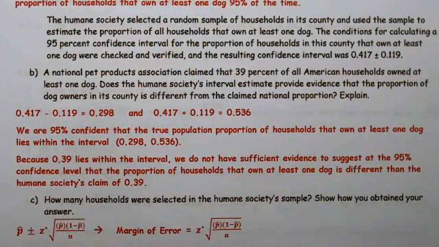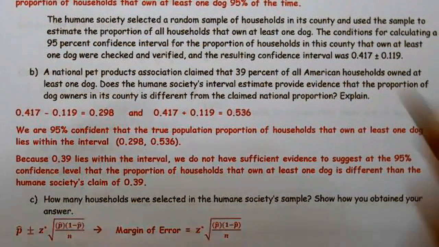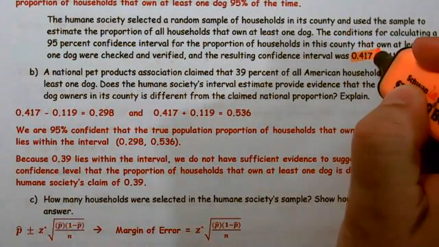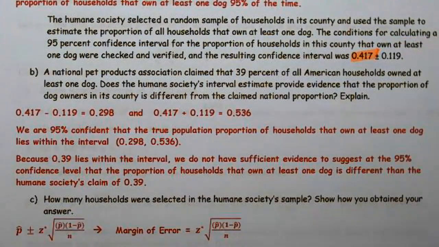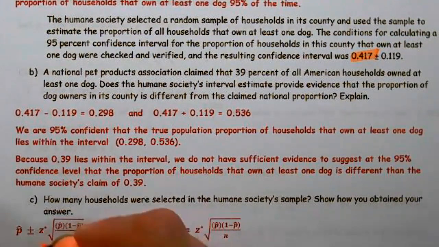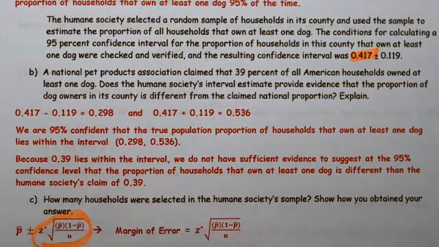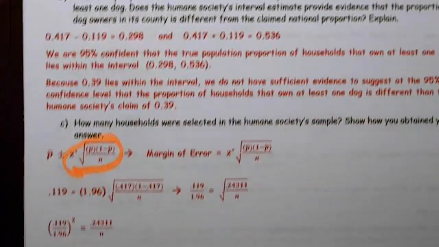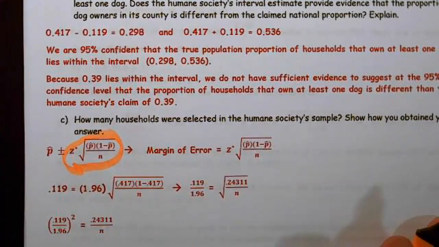And they also gave me the center, or their estimate of 0.417. So remembering this part of it represents the margin of error, I rewrote it, and then I started plugging in.